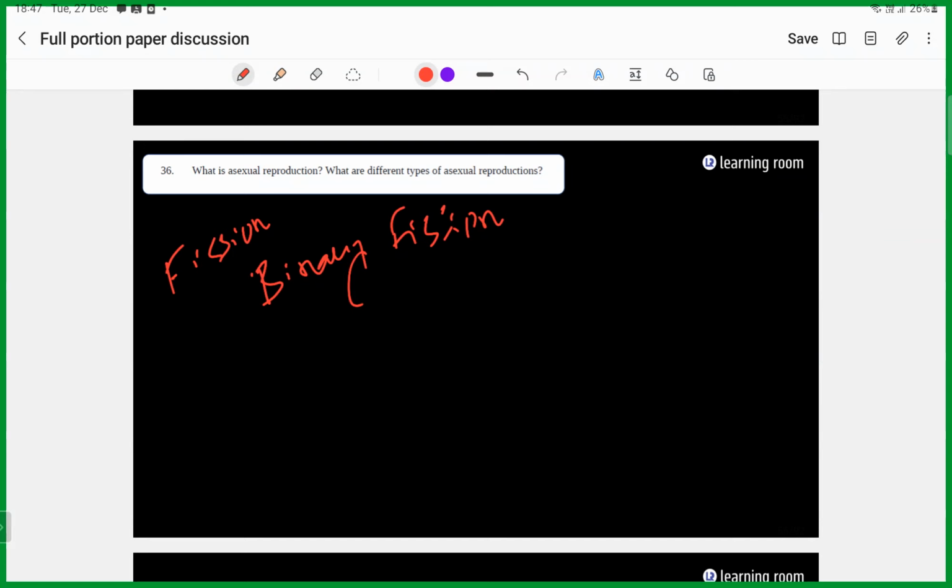And then multiple fission, the malarial parasite, like Plasmodium. So those things you would have given for binary fission and multiple fission. Fine. And for budding, what examples have you given? Hydra and yeast.